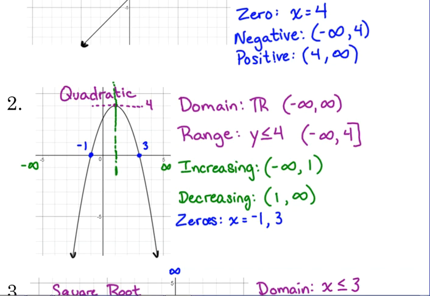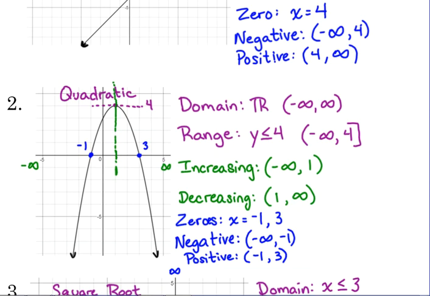All right, so again, left to right. On the far left, our function starts out negative, starting from negative infinity until we get to -1. Then our function is positive between -1 and +3.